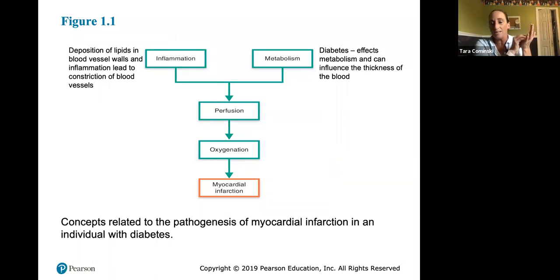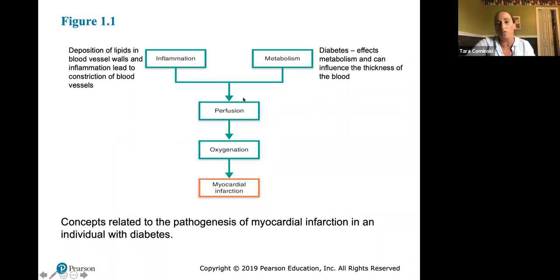When you get a blockage, it's not only just the lipids that are stuck there, it's also the inflammatory process that triggers. That then causes the blood vessel to constrict even more. And so if you have lots of lipids around, extra inflammation, constricted blood vessels, and you have thick blood on top of it, what's going to happen, right?